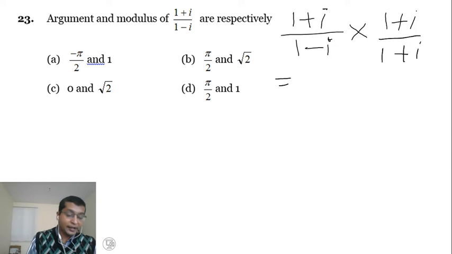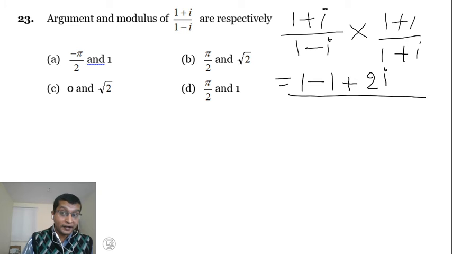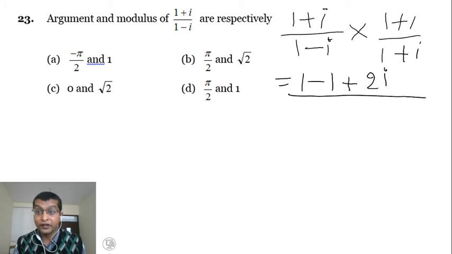Okay, so the numerator is of the form a plus b whole square. So a square is 1, b square is minus 1, and 2ab is 2i. And I am writing the denominator directly, please answer it: 1 minus i into 1 plus i.